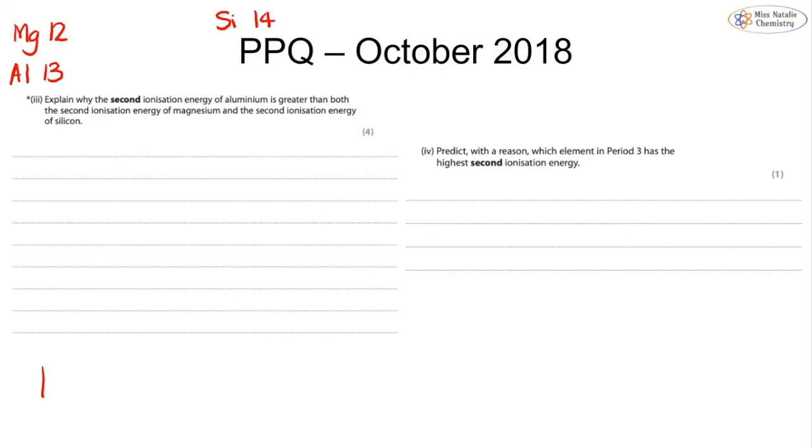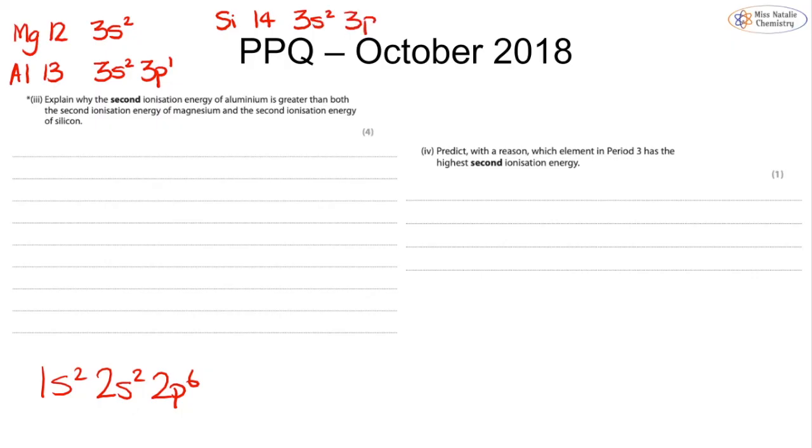They're all going to have 1s2, 2s2, 2p6. That's not going to change. What is going to change is the 3. For magnesium we would have 3s2, aluminium would be 3s2, 3p1, and silicon would be 3s2, 3p2.